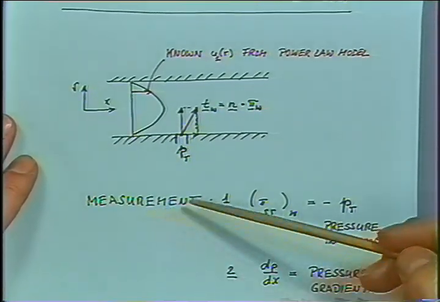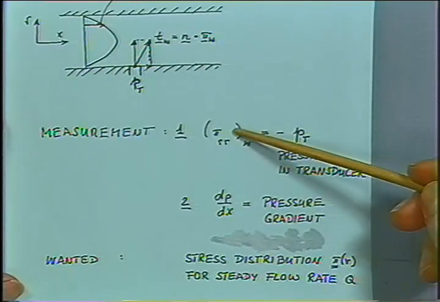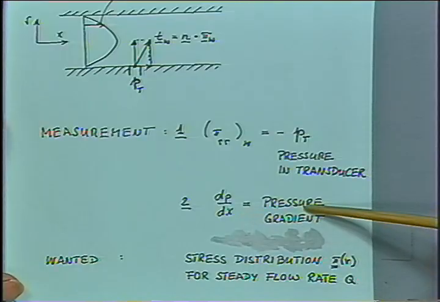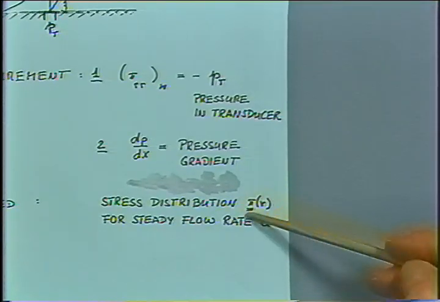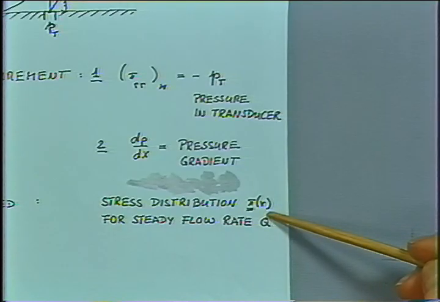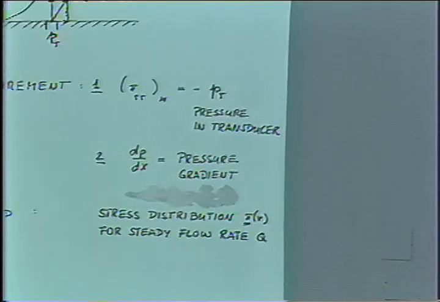So from our measurement, we get the local pressure or the local normal stress at the wall, and we get the pressure gradient, and we would like now to know the distribution of all stress components. We would like to have the complete information for the stress. And that should come out of the modeling calculation.